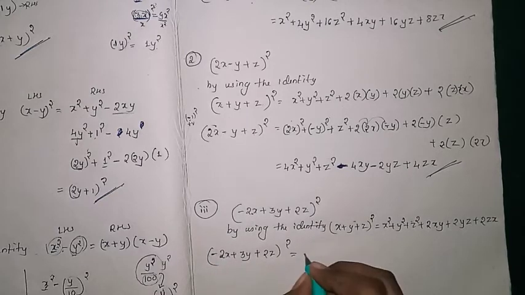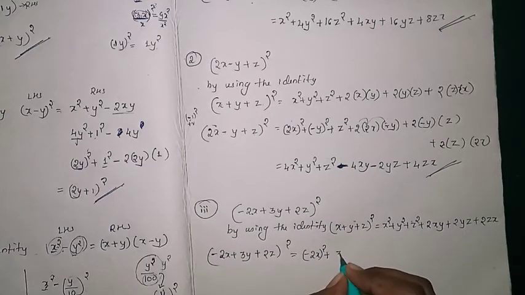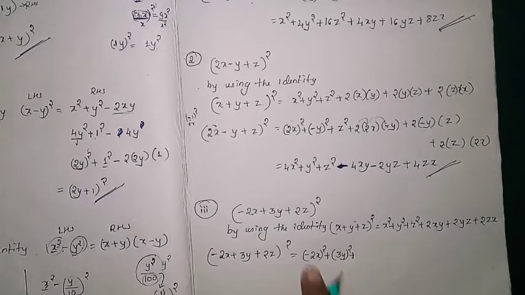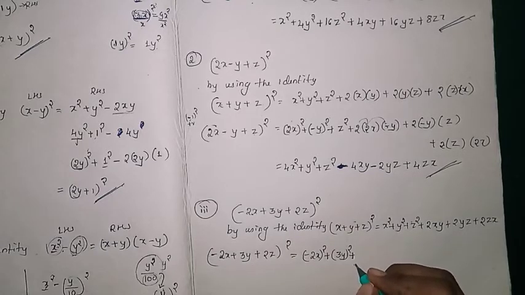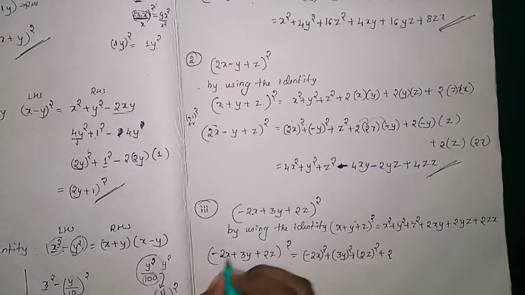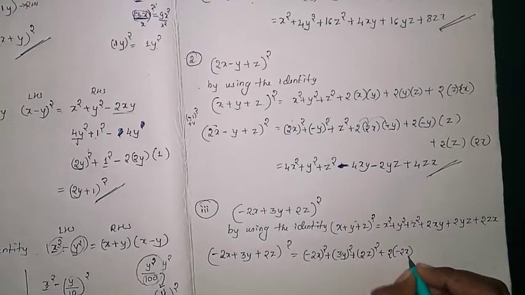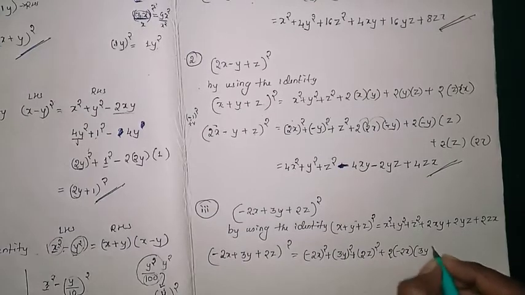So the first term square, that is 2x whole raised to square plus of 3y whole raised to square plus of, so when there is a minus you have to mention in the bracket, so it will be easy for you, 2z whole raised to square. So all the terms square one time we did. Now 2 into the first term with second term. So first term is minus 2x, second term is 3y.